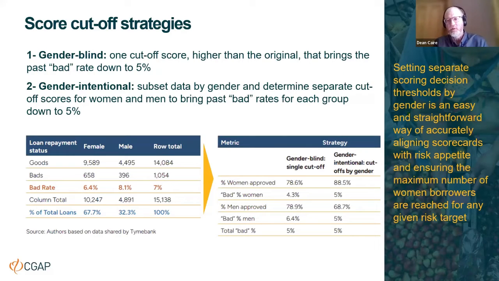Or if a vendor or someone has developed your score, you don't need the details of the score in order to apply this strategy. You do need the data that we showed in the beginning of the analysis. Basically, you need loan level data, you need the gender, you need good and bad outcome, and you need the numeric score, but you don't need to know its contents.